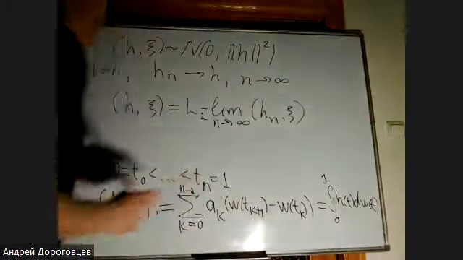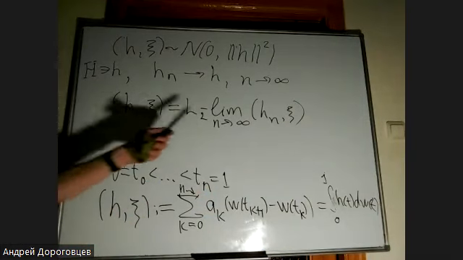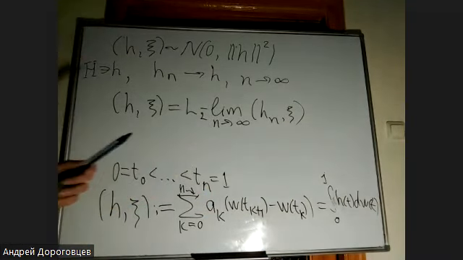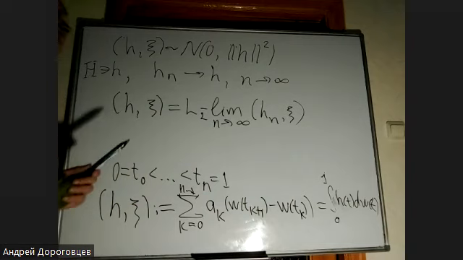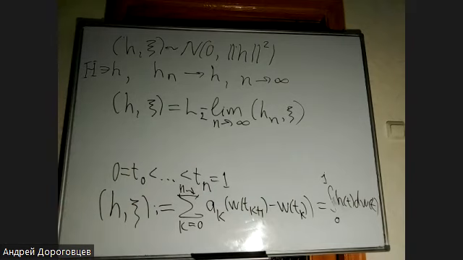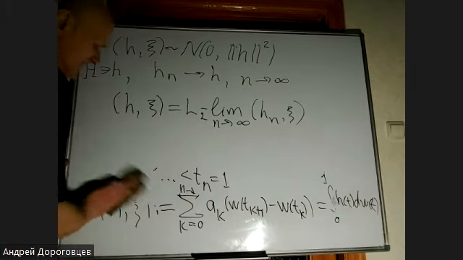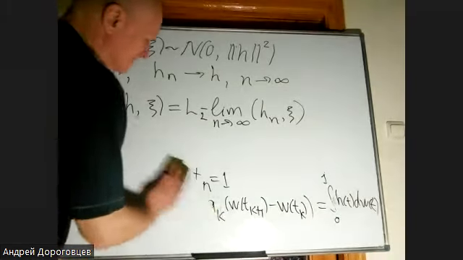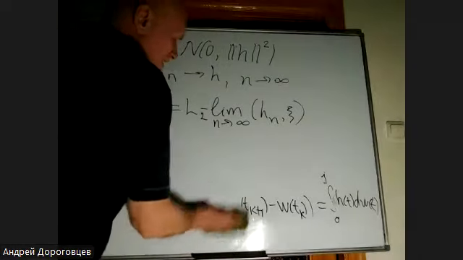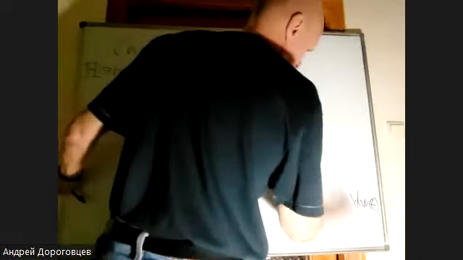Of course, it must be checked that this limit not only exists but doesn't depend on the choice of the approximating sequence, but it can be easily done, and please do this as an exercise. So we have such a (h, psi) with the same properties, and we get the desired family.